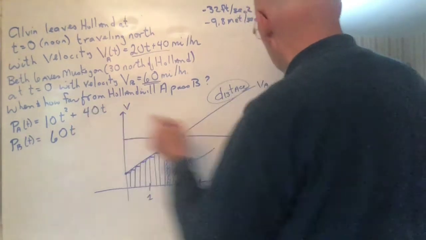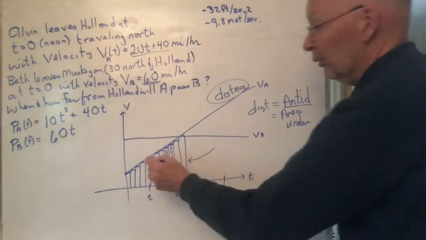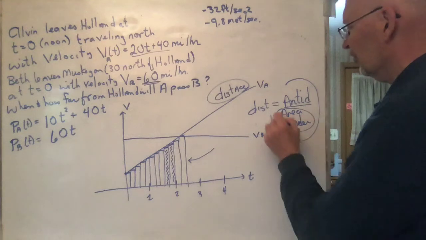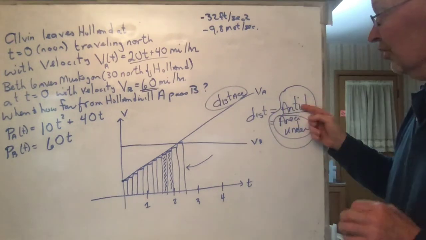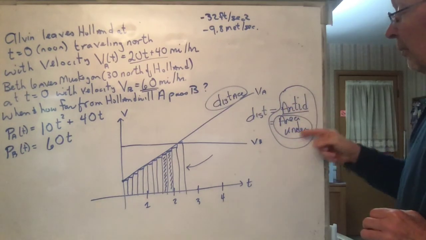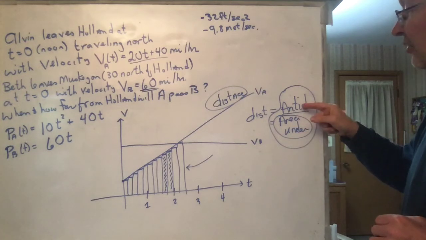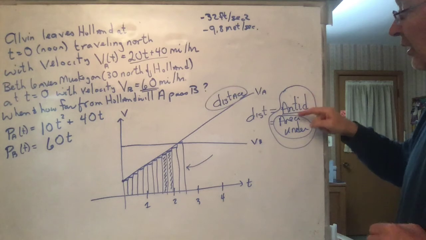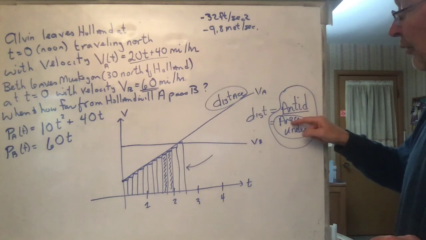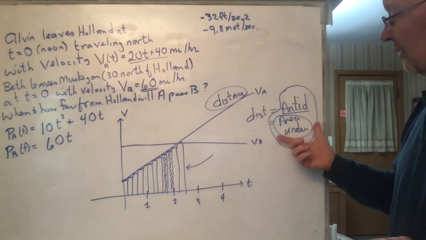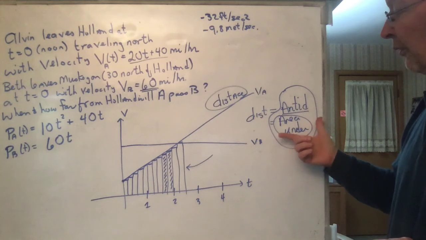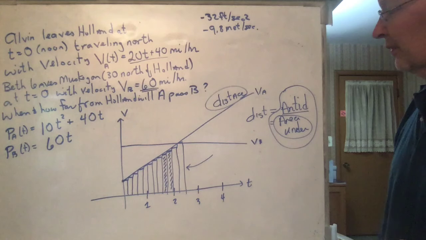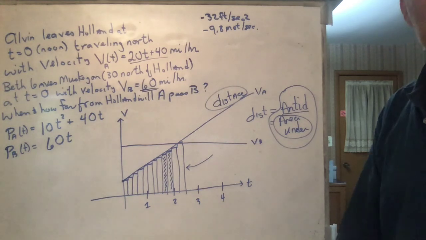We got it here by doing the antiderivative. Here we're getting it by looking at the area underneath the graph, and that suggests that maybe, just maybe, there's some important connection between the antiderivative of a function and the area underneath the graph of the function. In fact, that's exactly what the fundamental theorem of calculus is all about, so that will be coming up within the next couple of lessons. Lots of good stuff.